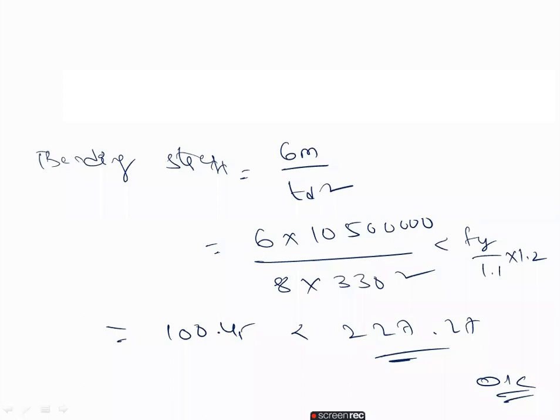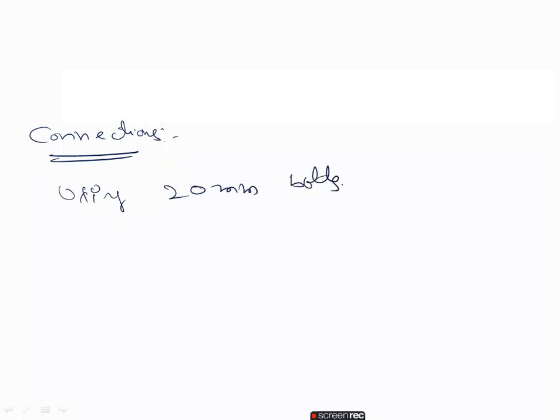Now we have to calculate the connections. How will we calculate the connections? Here I am using 20 mm bolts. Whenever we calculate the strength of the bolt, first you have to calculate the strength in single shear as well as the strength in bearing.